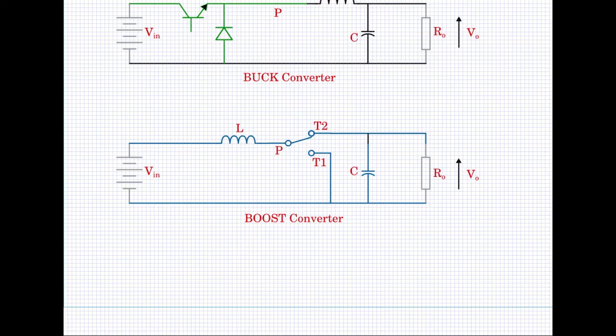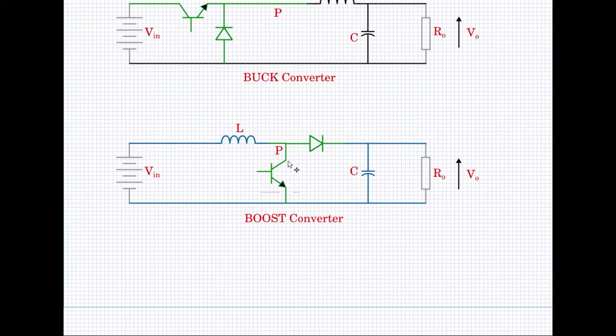So here at the throw T1, we will put the controlled power semiconductor device, a BJT or a MOSFET or an IGBT, and along throw 2, we will put the diode. So let us now remove this single pole double throw switch and reconnect the circuit.